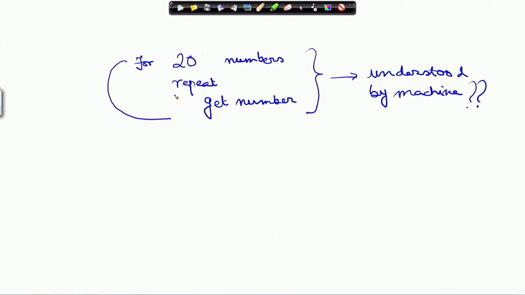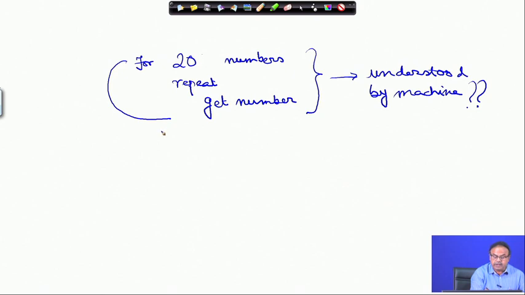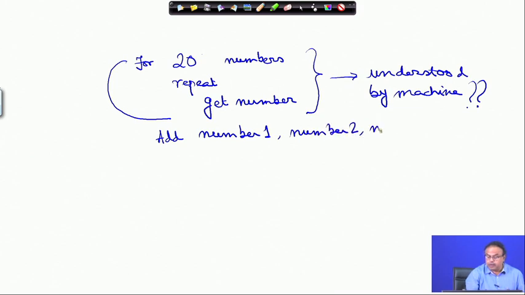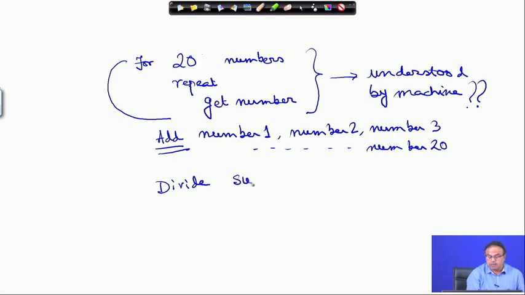Again I can write add number 1, number 2, number 3 up to number 20, then divide sum by 20.